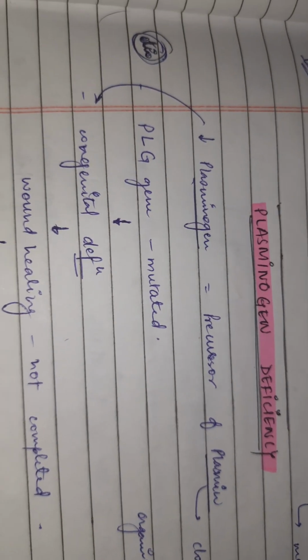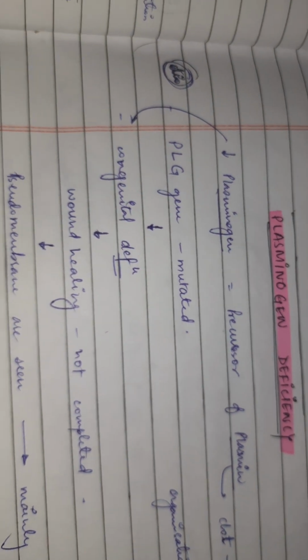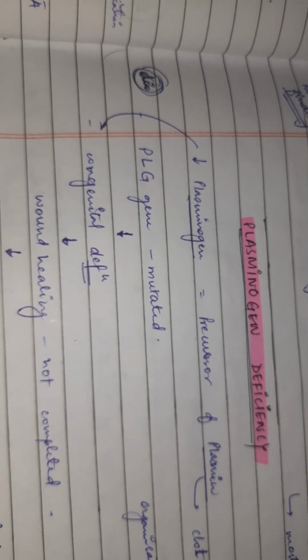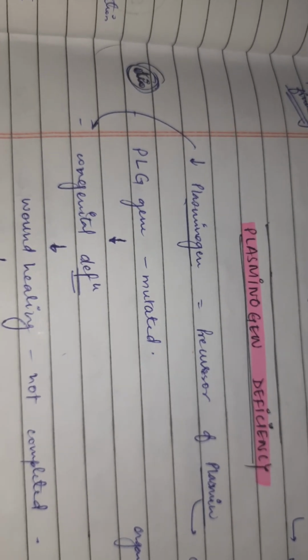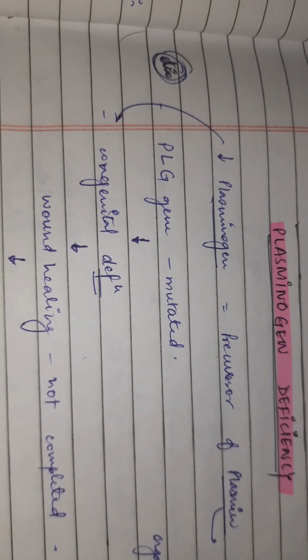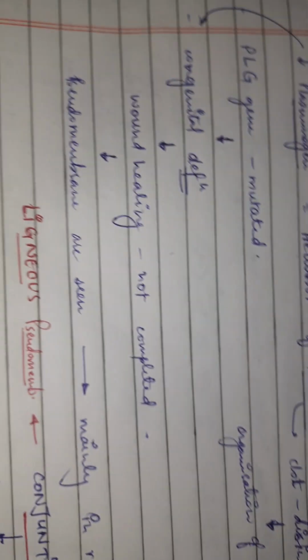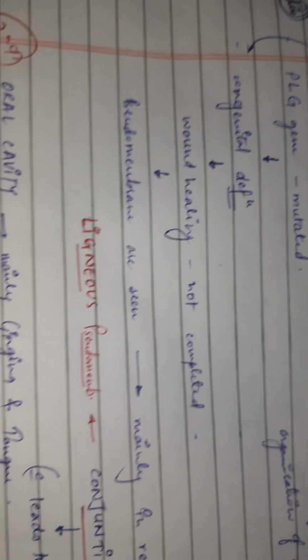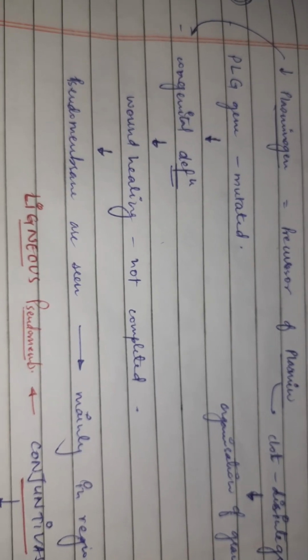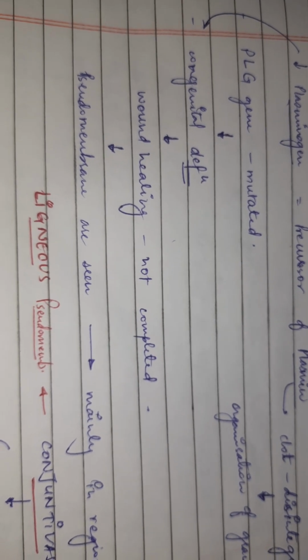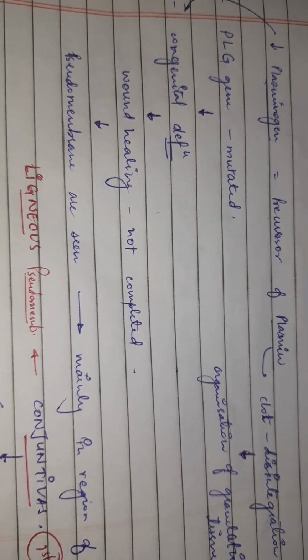The etiology is mutation of the PLG gene, causing a decrease in plasminogen. It is a congenital deficiency because it is a gene problem. So wound healing will not be completed.